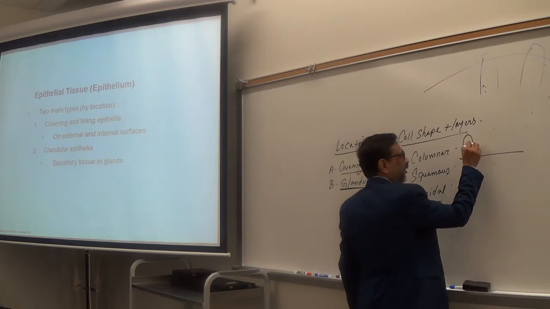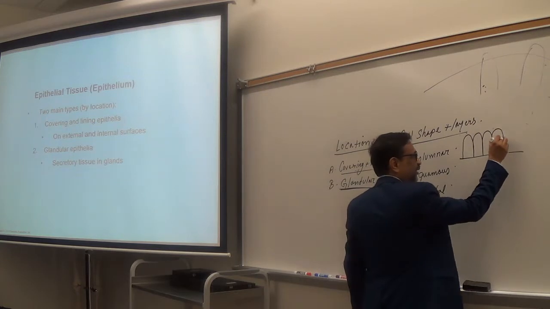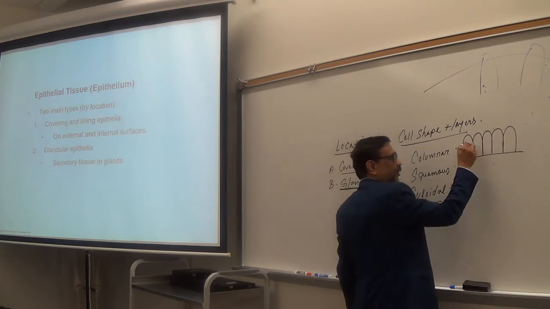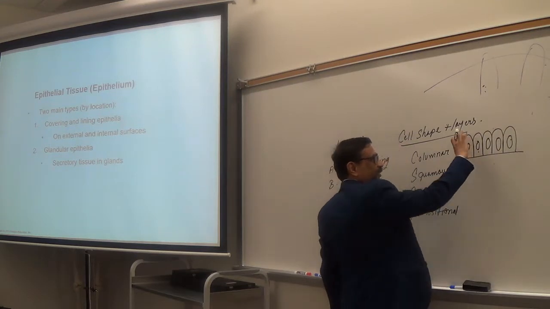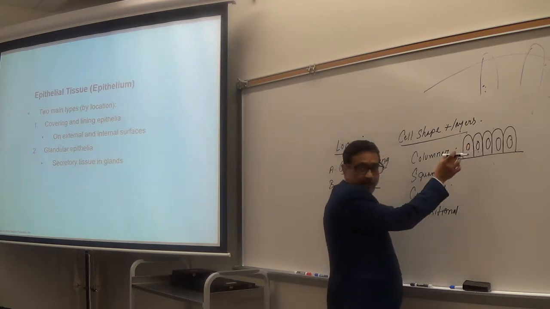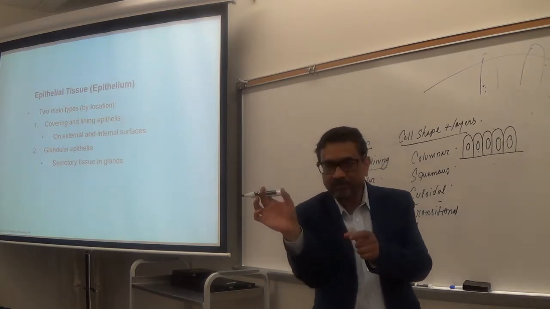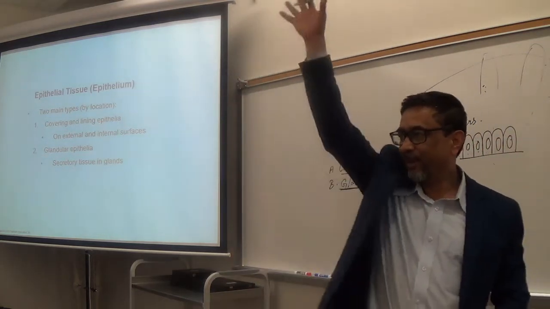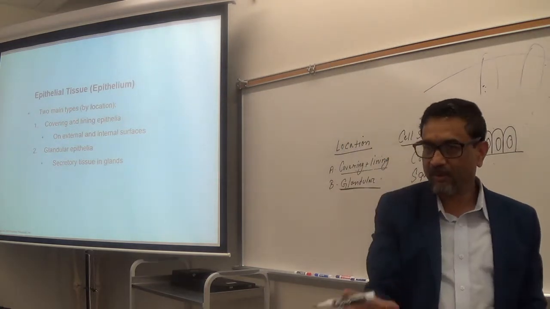If you see the shape of the cells in columnar epithelium, the cells are tall. So these are the cells and nucleus inside. So you see, the cells are tall and height is more than the width. Make sense? Height is more than the width, breadth. Okay. So, like columns, in big buildings, use the columns. So the cells are like that, tall.